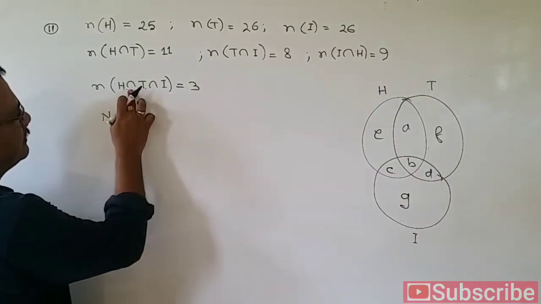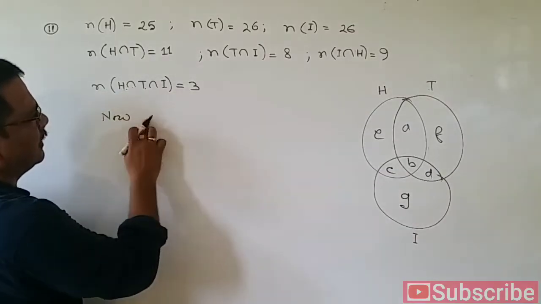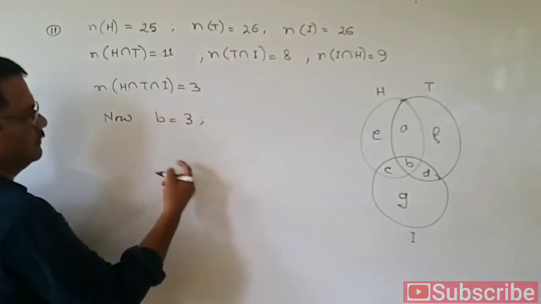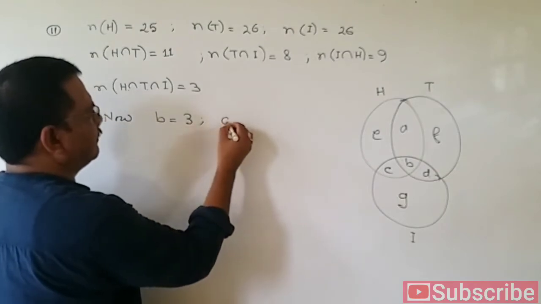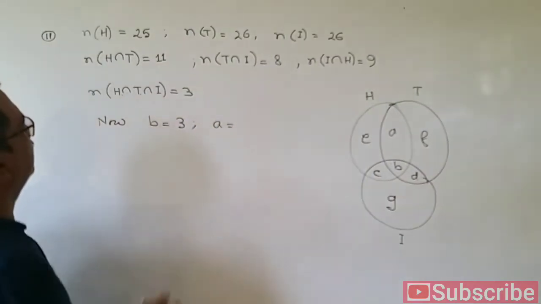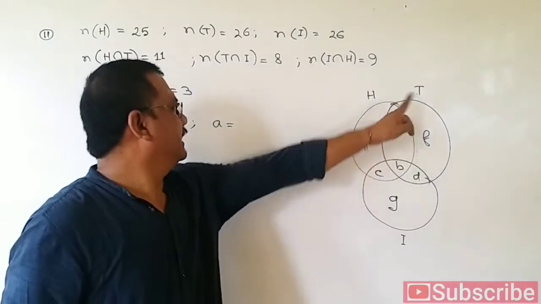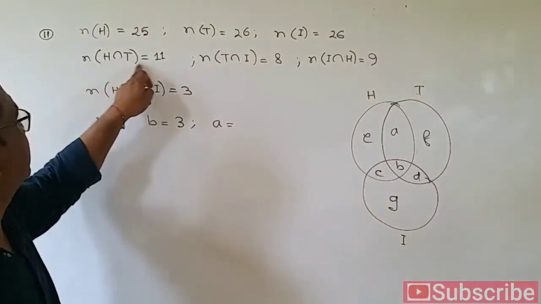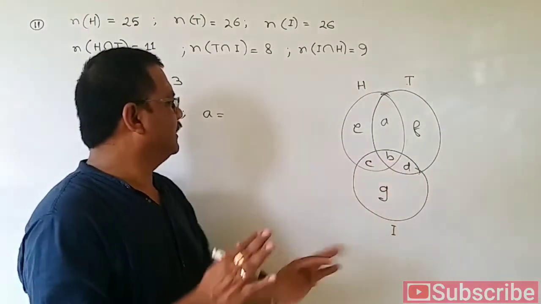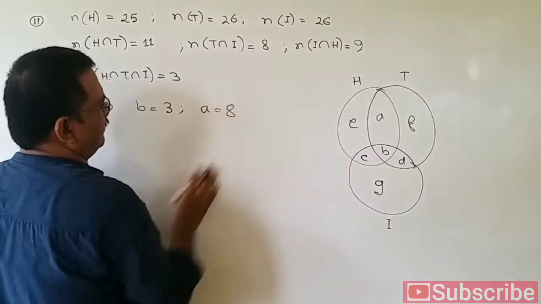Now H intersection T intersection I. In this part we have B. So B is equal to 3. So from there onwards we can find the values of A, D and C. A is what? Intersection of H and T has 11 people. So this part already has 3, and A will be 8 only.